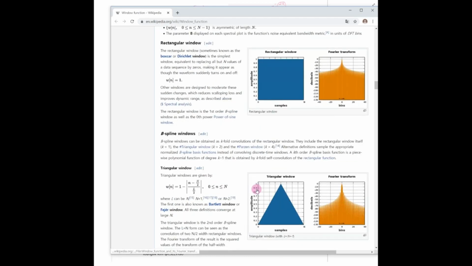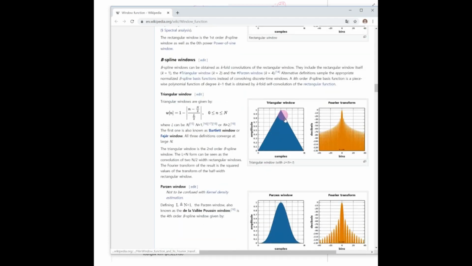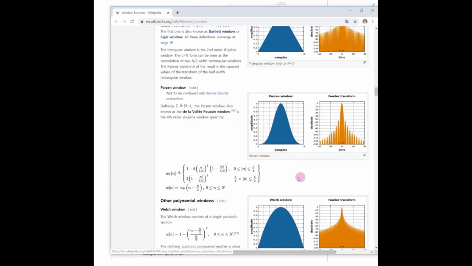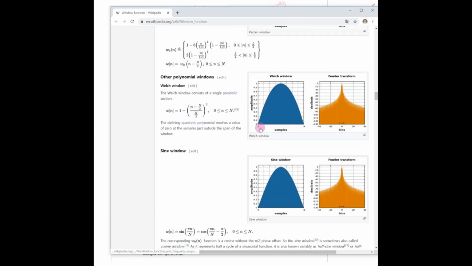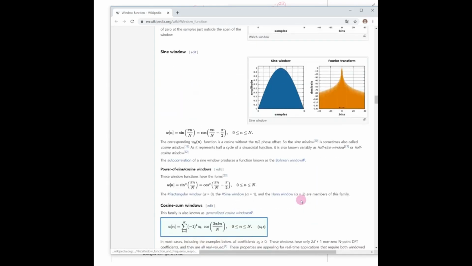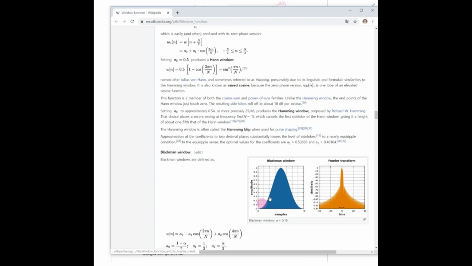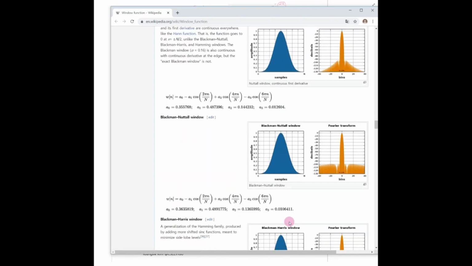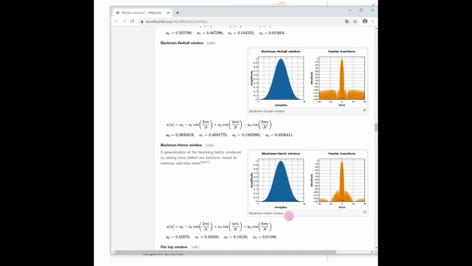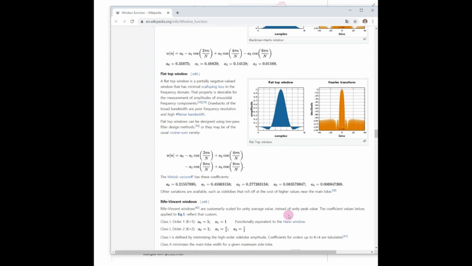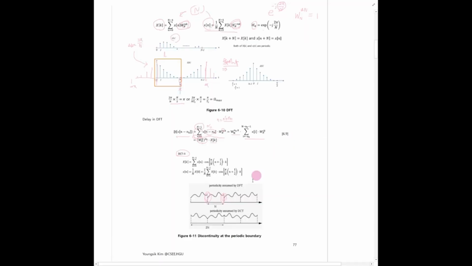One of the simplest is a triangular one, or functions like the Hanning function, Hamming function, Kaiser function, Blackman, and this is a flat top window. That kind of window can be used to make it continuous at the periodic boundary.